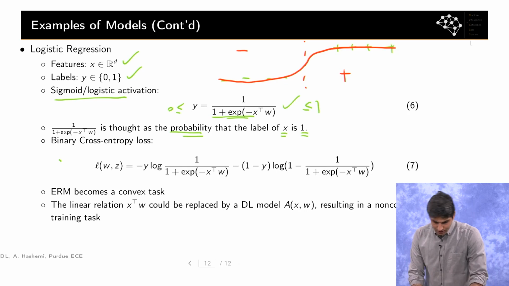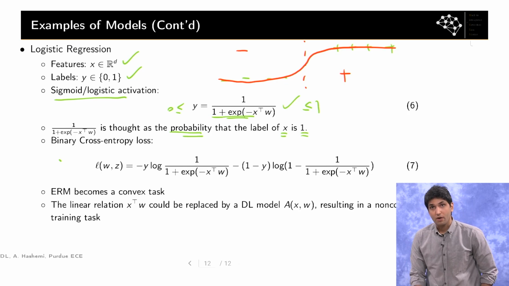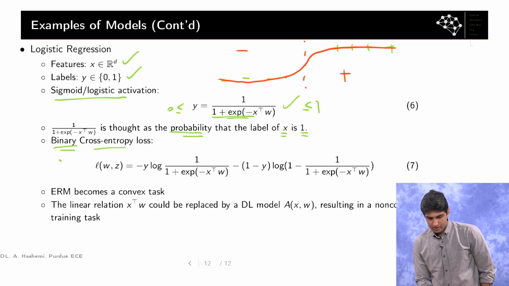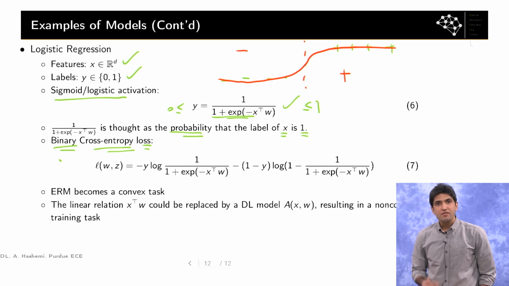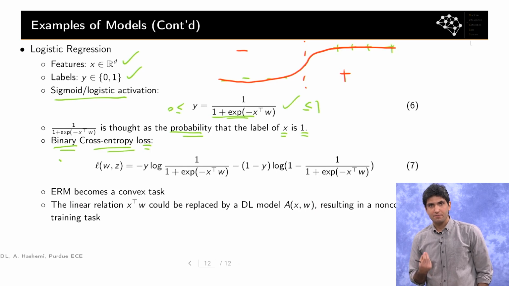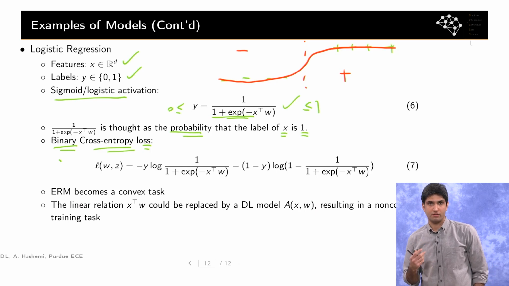Now, a natural loss function to optimize here is called the binary cross-entropy loss. This in some sense captures the difference between two distributions.